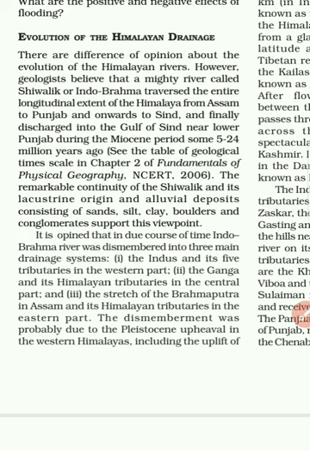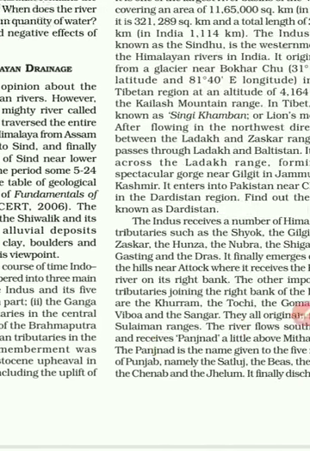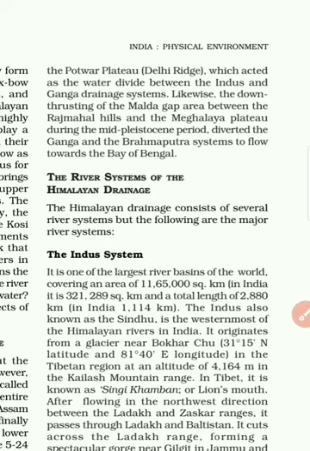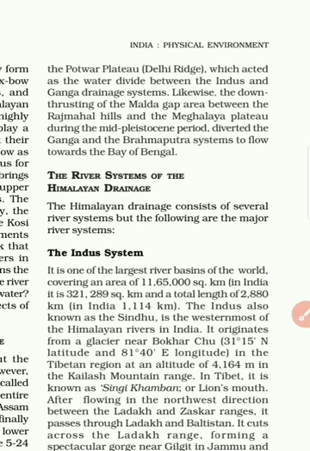The dismemberment was probably due to the Pleistocene upheaval in the western Himalaya, including the upliftment of the Potwar Plateau, which acted as the water divide between the Indus and Ganga drainage systems. Likewise, the downthrusting of the Malda Gap between Rajmahal and Meghalaya Plateau during the mid-Pleistocene period diverted the Ganga and Brahmaputra systems to flow toward the Bay of Bengal.